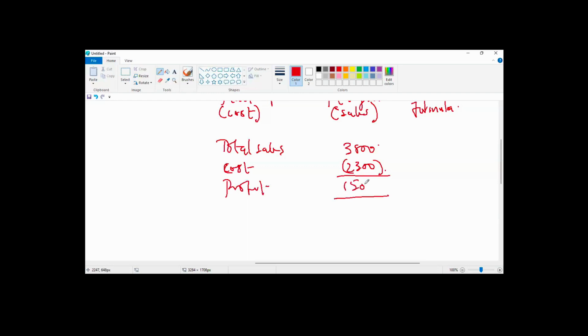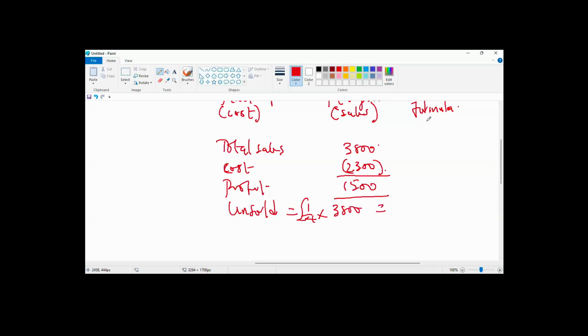1.5 is profit. I will now ask the question, is there also an element of profit? One quarter of these goods still remain in the inventory. 1/4 of the total sales, 1/4 still remaining. 1/4 times 3.8 million.